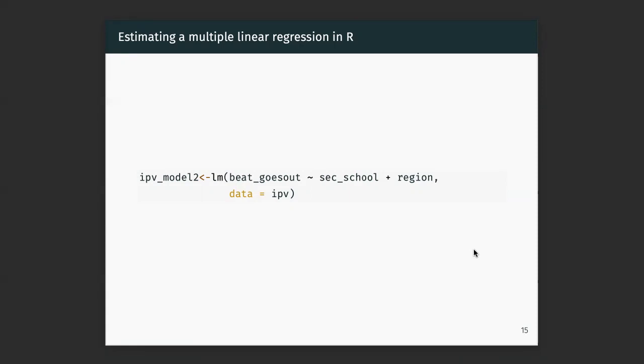And what we know R is going to do is it's going to estimate a beta 0 for free and a beta 1 for secondary school, a beta 2 for region. That's what it's going to do. All you need to do is add a plus in the other variable you want to add. We could obviously do this plus no media. Add a third predictor if we wanted to.